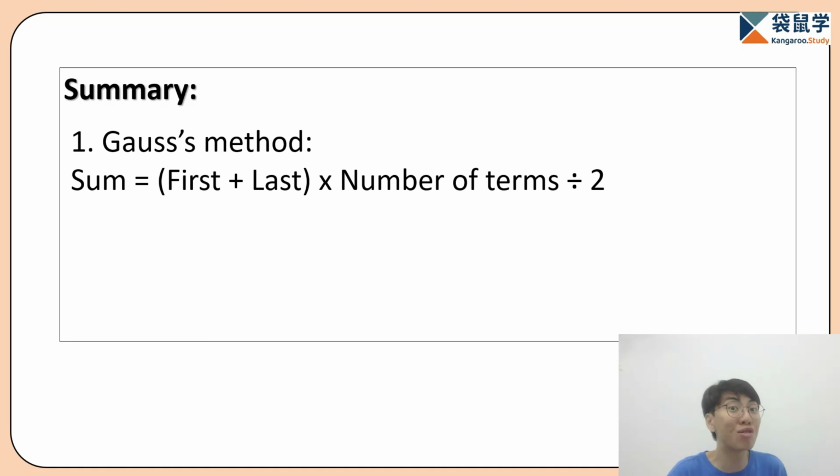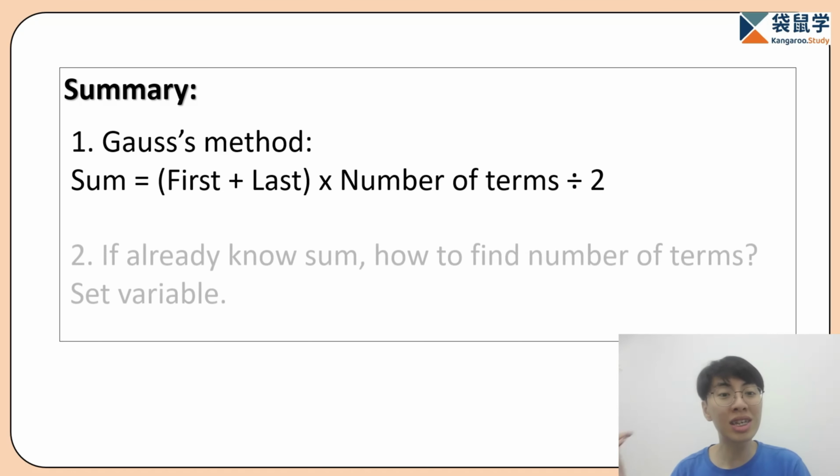The sum is just equal to the first plus the last number multiplied by the number of terms divided by just 2.